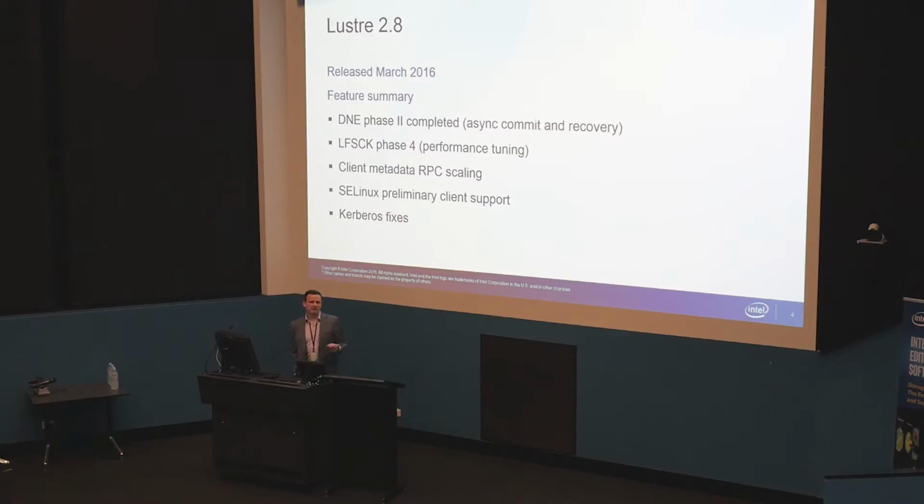And that gives us Kerberos-based authentication and authorization functionality, as well as optionally we can enable the encryption features for network-based encrypted communications. And then SELinux support, there's some preliminary support for SELinux on the Lustre clients now as well.